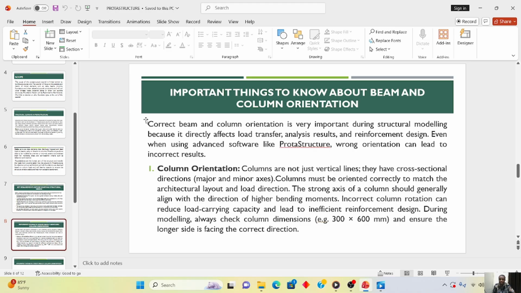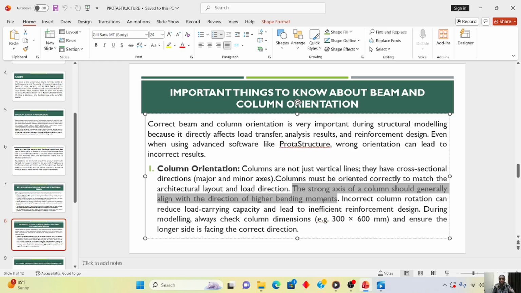The strong axis of a column should generally align with the direction of higher bending moments. Now we'll be putting this particular consideration into play when it comes to rectangular columns.